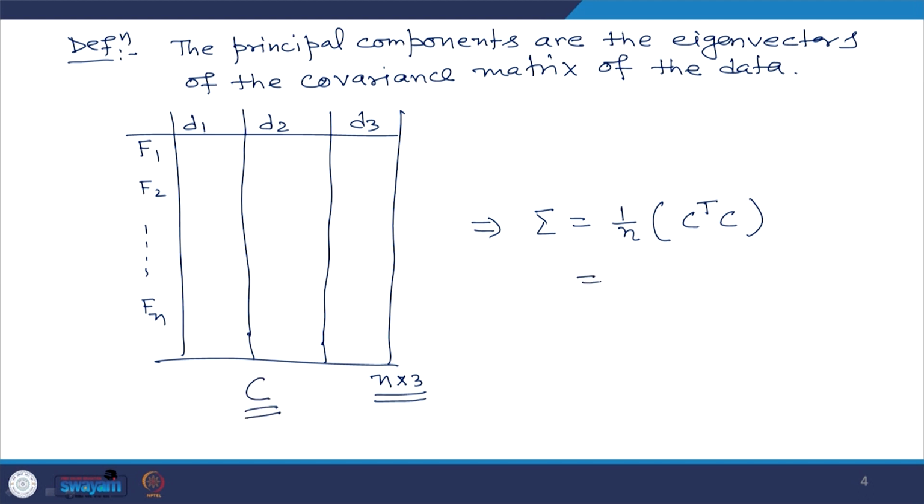So, what will it be? It will be a 3 by 3 matrix, and if you have k features or k attributes, then it will be a k by k matrix. In that way, the principal components are the eigenvectors of the covariance matrix of the data.